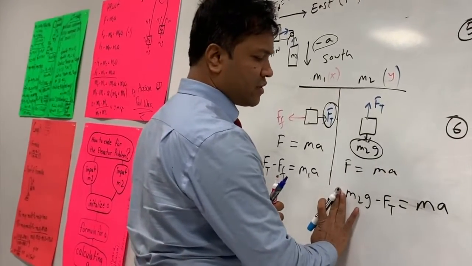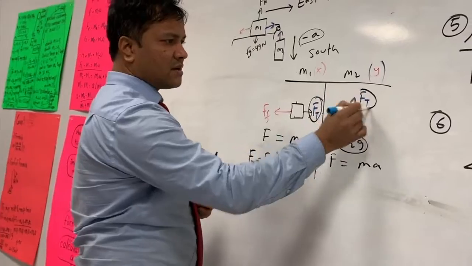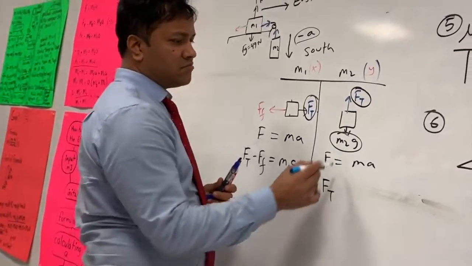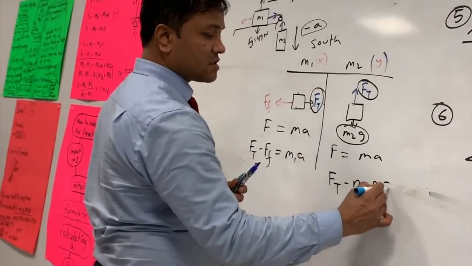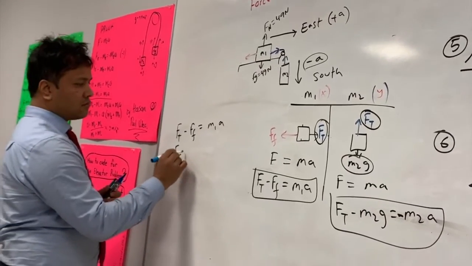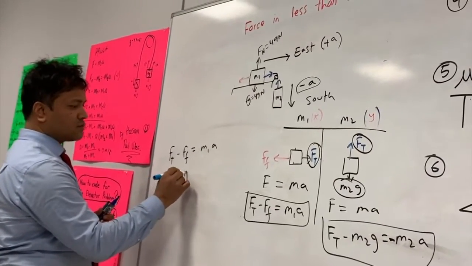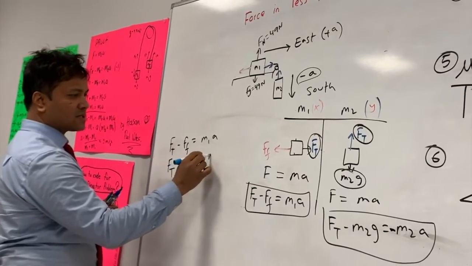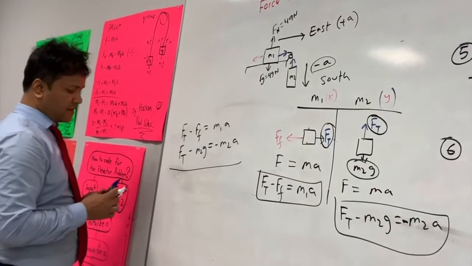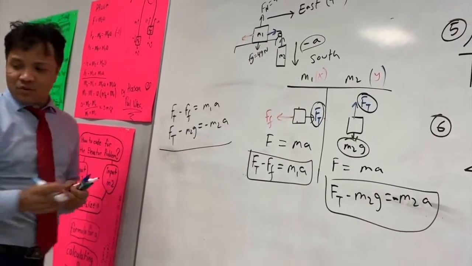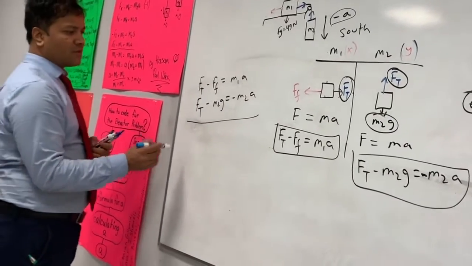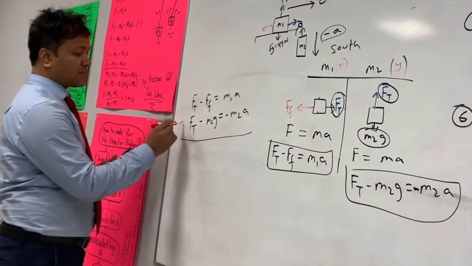Let's do it the way that makes more sense. Ft minus Ff is equal to M1a, and then Ft minus M2g is equal to minus M2a. Okay, so the negative here is the problem. I cannot add them like that because these are not like terms, but it doesn't matter. So I'm going to negate this one, multiply it by negative.